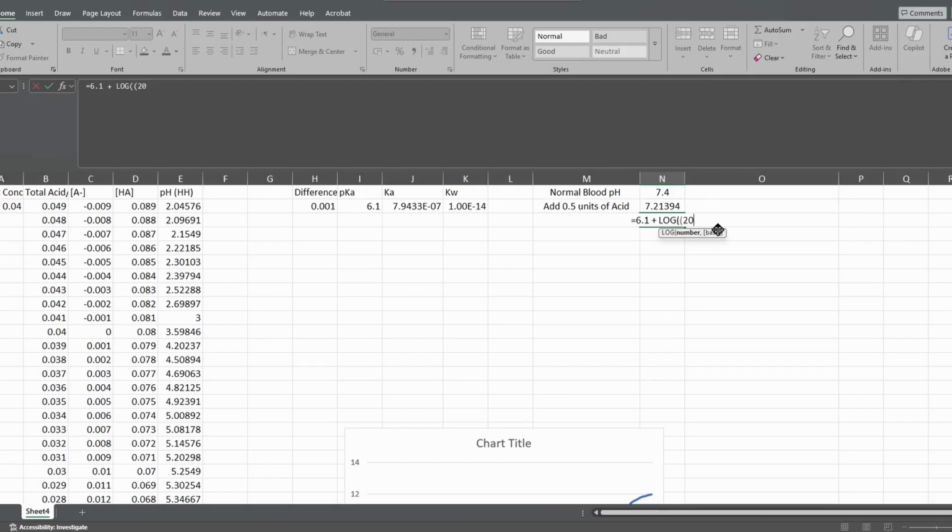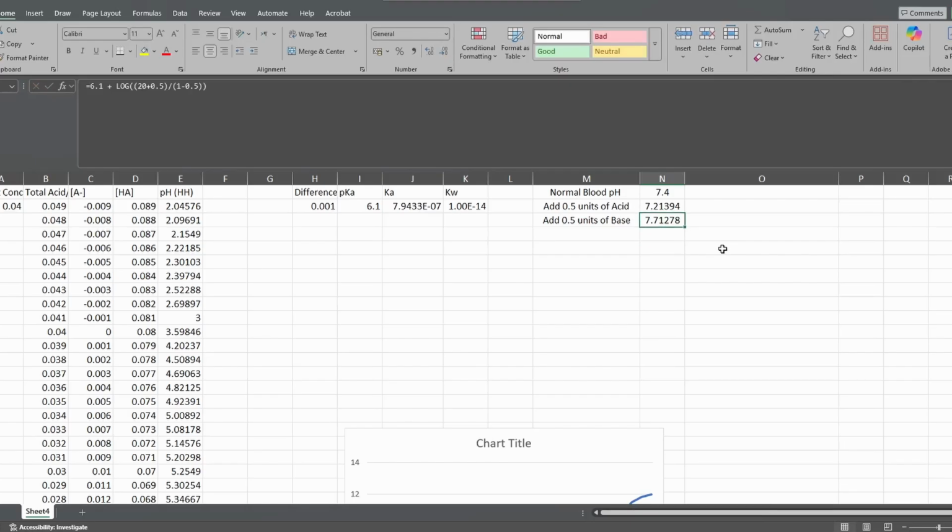If base is added, the bicarbonate ion will increase by 0.5, and the conjugate acid will decrease because that is taking part in this fight. I think I did something wrong here. 6.1 plus log 20. Yes, I put a minus here. It is divided here like this.